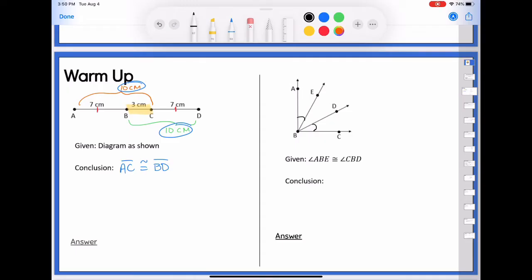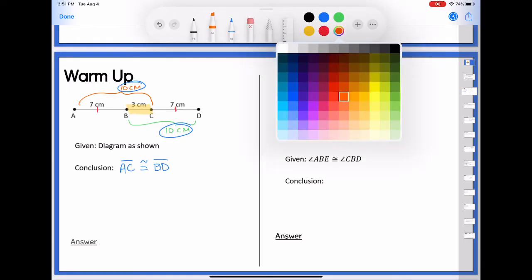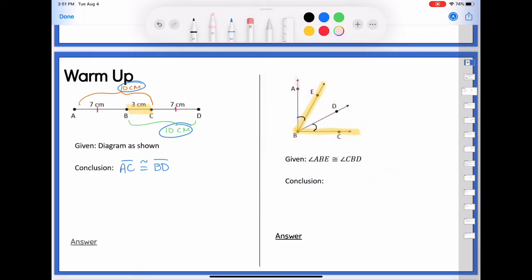So if I look at this, and the last one I started combining some things, right? Well, what if I combine two angles here? What if I get angle, say, EBC? And what if I combine, let me get a color here, sorry, and I get angle ABD. So in both of those, I started with two congruent angles, and then I added this middle angle to both of them, right?